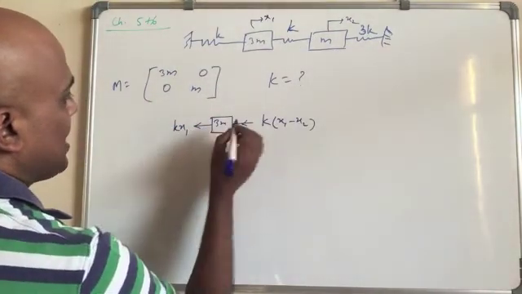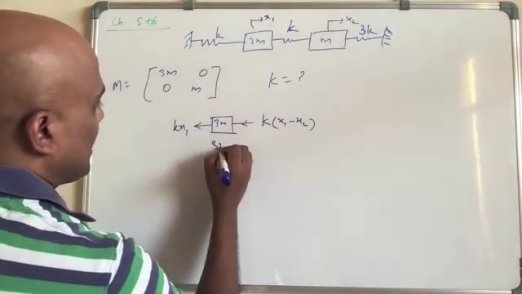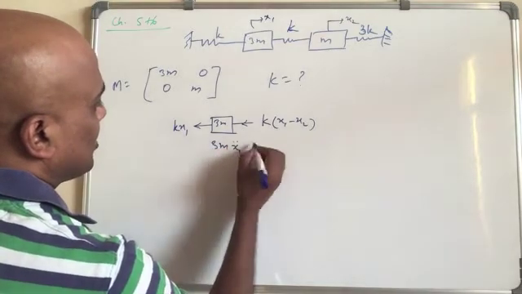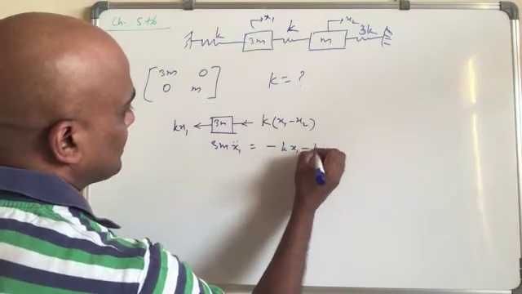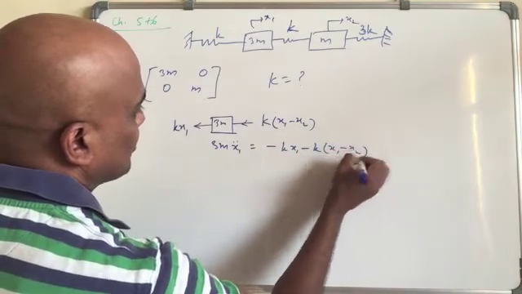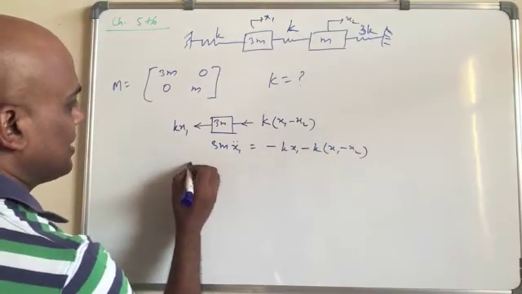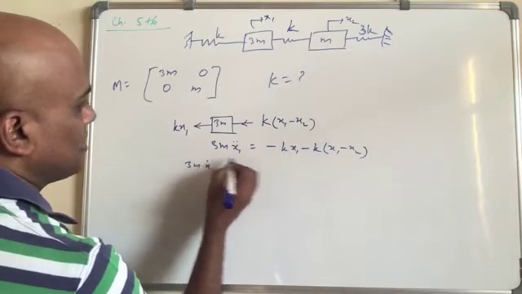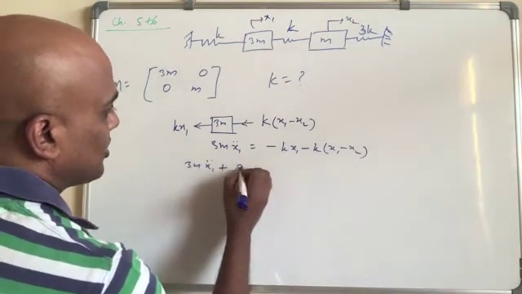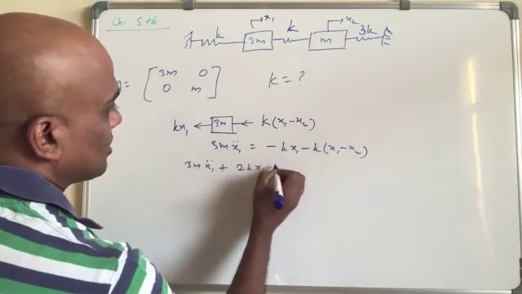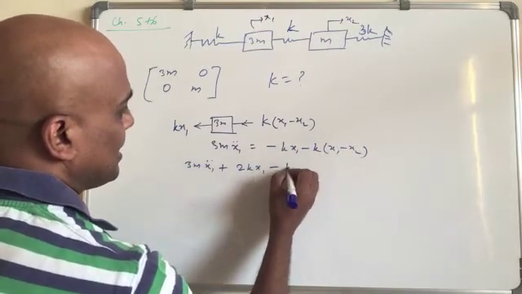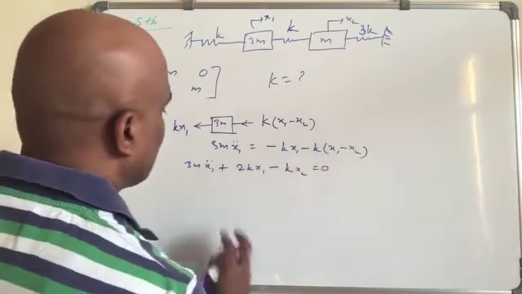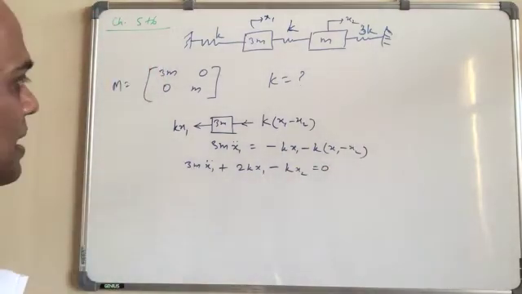Hence the equation will be 3m x1 double dot equal to minus k x1 minus k times x1 minus x2, and hence you will get 3m x1 double dot plus 2k x1, and then minus k x2 equal to 0. So you get the first equation, right?